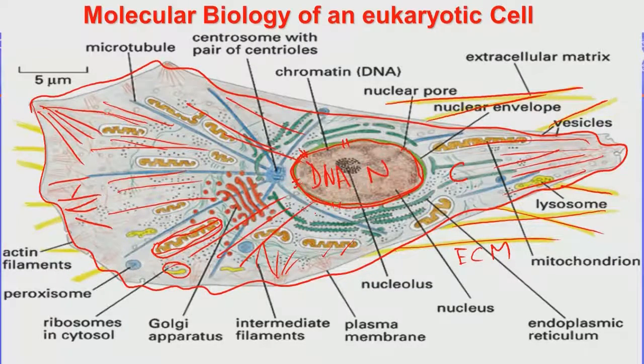One is actin filament, one is microtubule, and the third one is intermediate filament. So, I repeat, cytoskeleton in a eukaryotic cell has actin filament, intermediate filament, as well as microtubules.